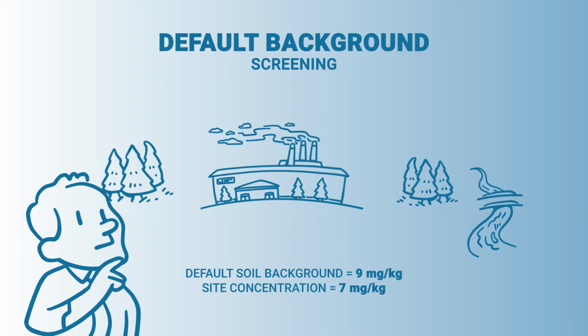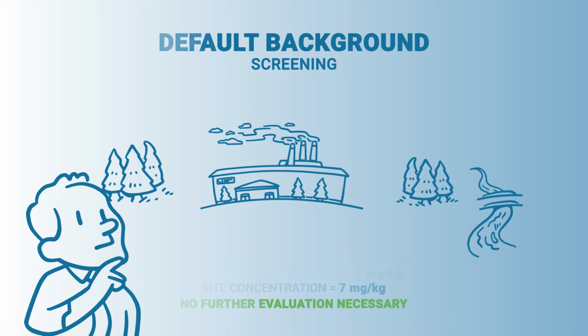Default BTVs are compared to site concentrations to determine if the site concentrations represent background. If they do, most regulatory agencies will not require further evaluation. If they do not, regulatory agencies will require further evaluation. If you still think your site concentrations represent background, one option to evaluate further is to establish site-specific background. Please refer to the guidance for more information regarding how to establish default BTVs.